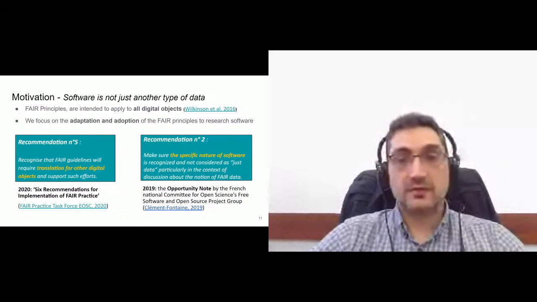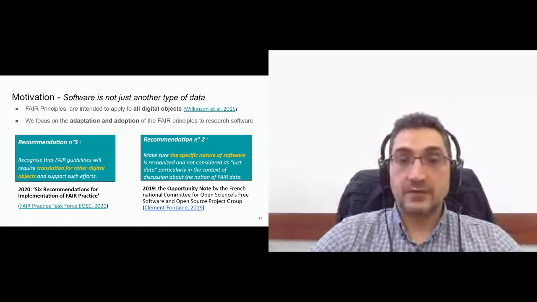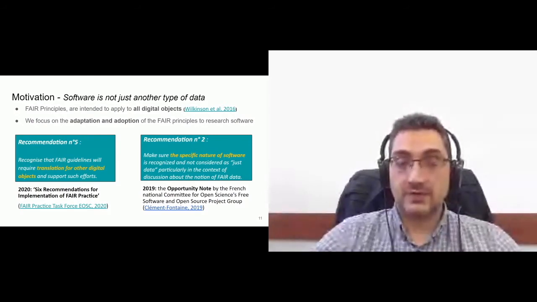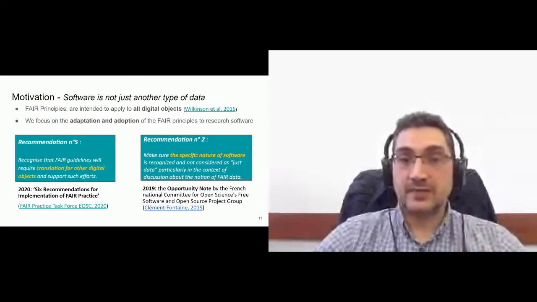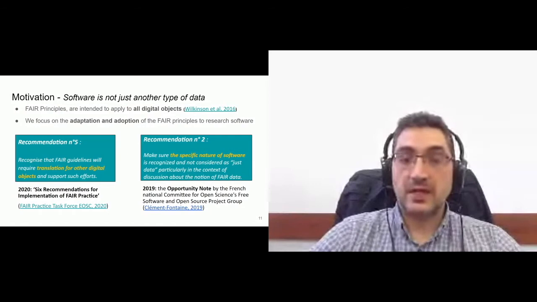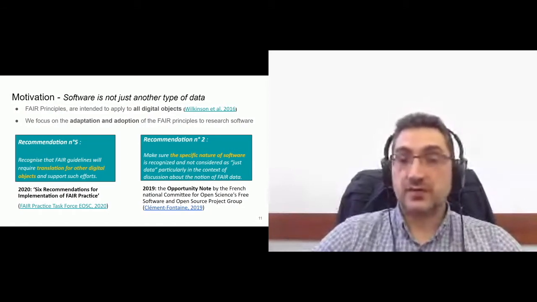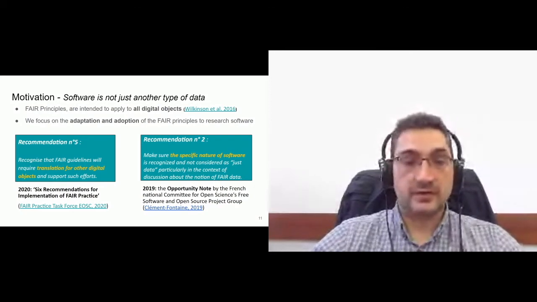There are some interesting recommendations that have come up in different cases. For example, there's a recommendation from the EOSC that defines a lot of the points on how the FAIR guidelines need to be applied to digital objects, and they refer also to the efforts on FAIR research software, as well as the one defined by the French National Committee for Open Science, which also recognized the specific nature of software, and the FAIR aspects are also clearly identified.